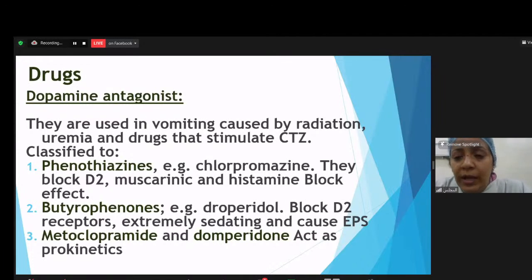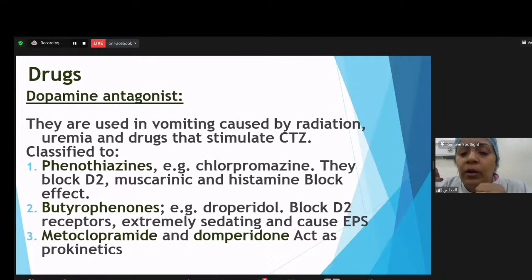With a long time, if I inhibit the dopamine receptors, I will cause Parkinson-like symptoms. If we remember Parkinson disease, in Parkinson disease there is a drop in the dopamine level in the brain, and there is an increase in the acetylcholine, and this acetylcholine causes the abnormalities in the movement and so on.